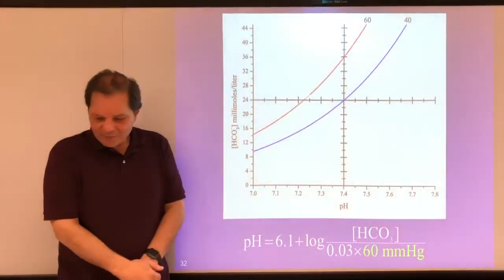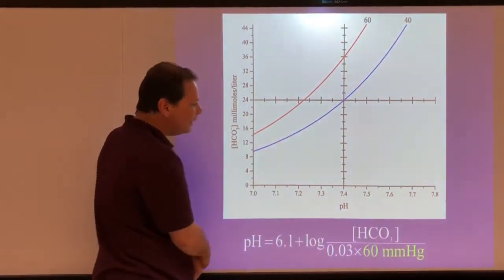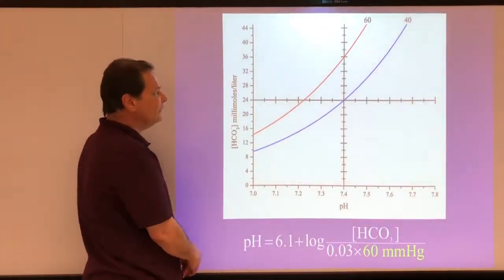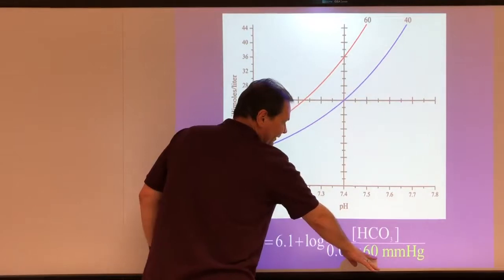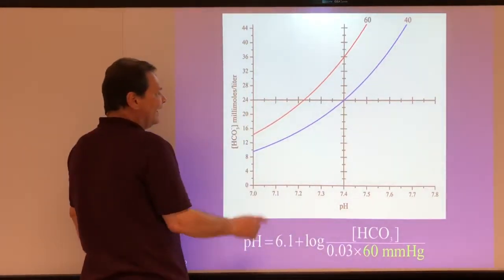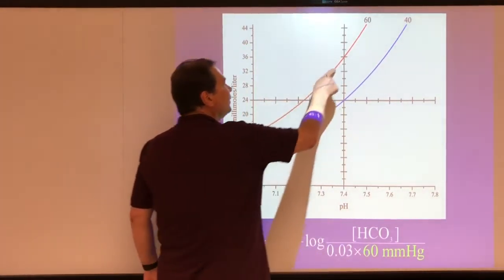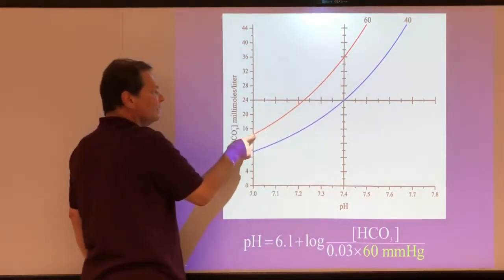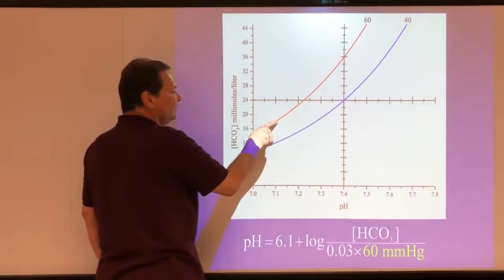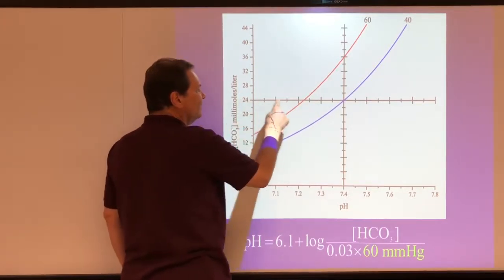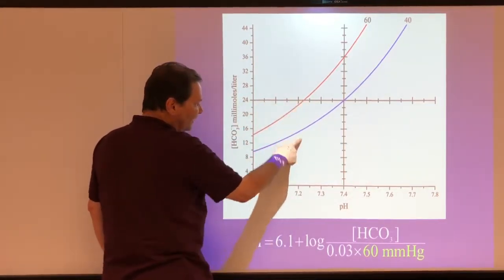Now, the same thing goes for other values of PCO2. For instance, if my PCO2 is 60 millimeters of mercury, now my relationship goes along the red line, all right? So at 60 millimeters of mercury CO2 and at a normal bicarb, our pH is down.